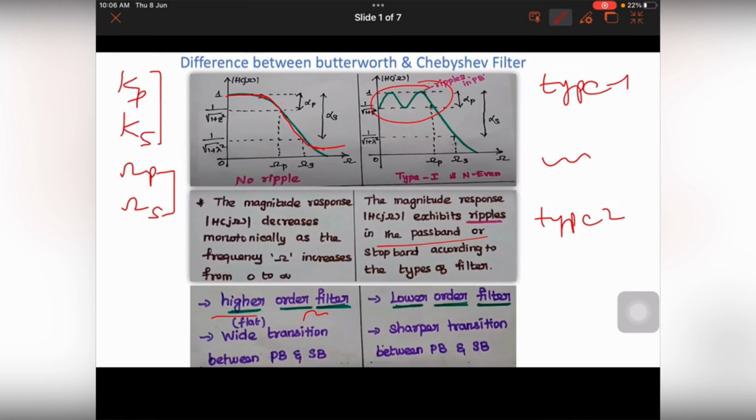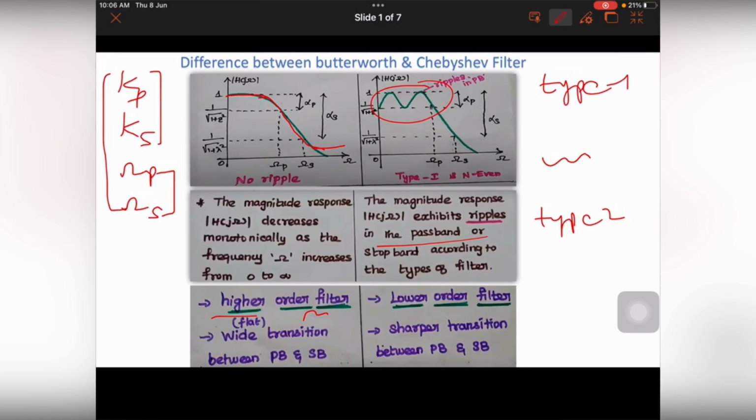Either it is a Butterworth filter or a Chebyshev filter, we require these 4 specifications. For these specifications, usually a higher order will be obtained in the Butterworth filter. Similarly, for the same specifications, in the Chebyshev filter we get a lower order filter. This is also one of the major differences.